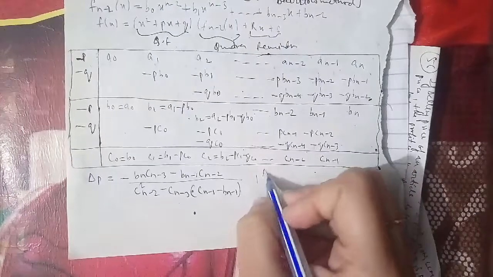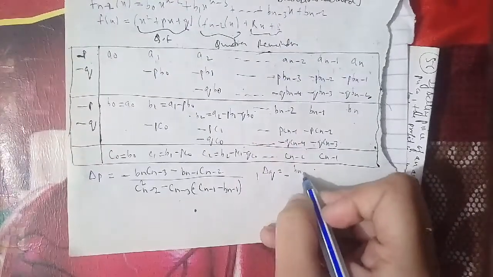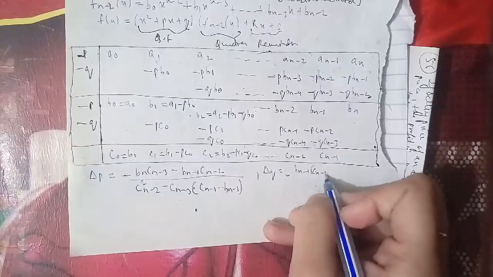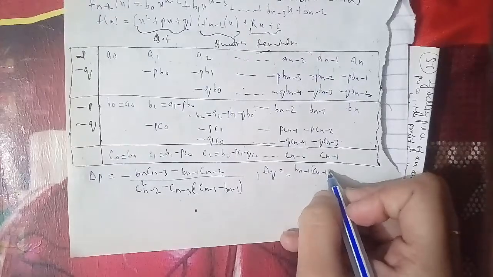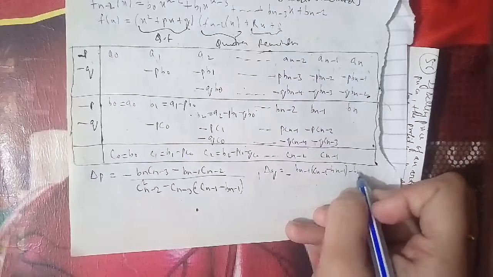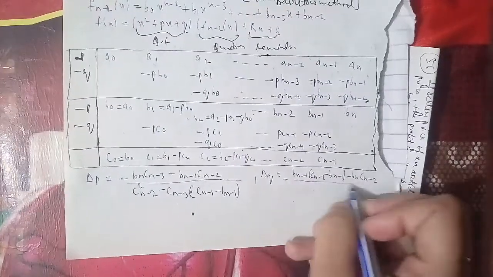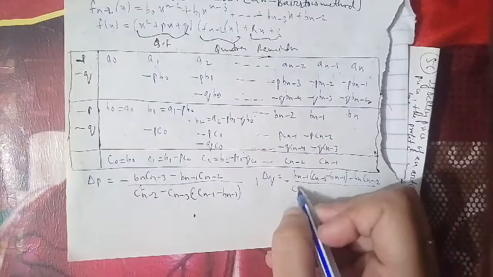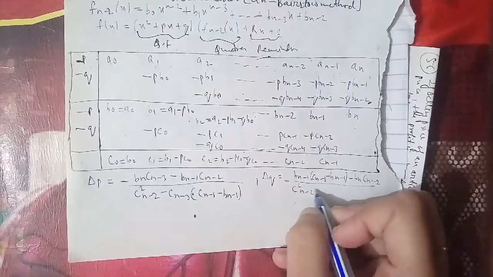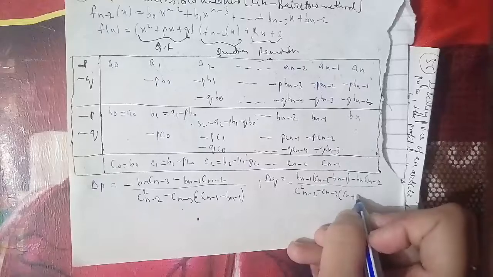For delta Q, minus Bn minus 1 Cn minus 1 minus Bn Cn minus 2 upon Cn minus 2 squared minus Cn minus 3 Cn minus 1.